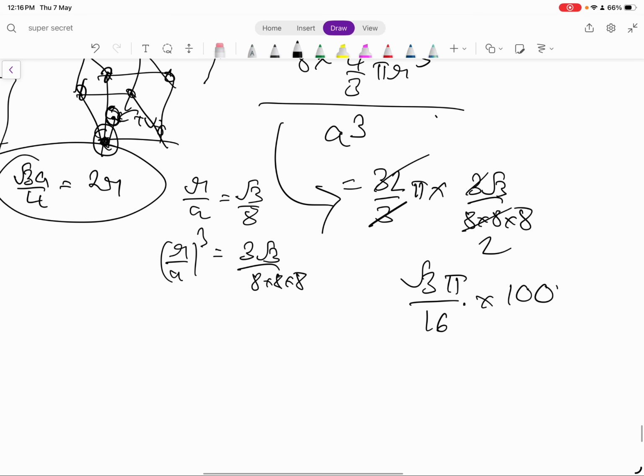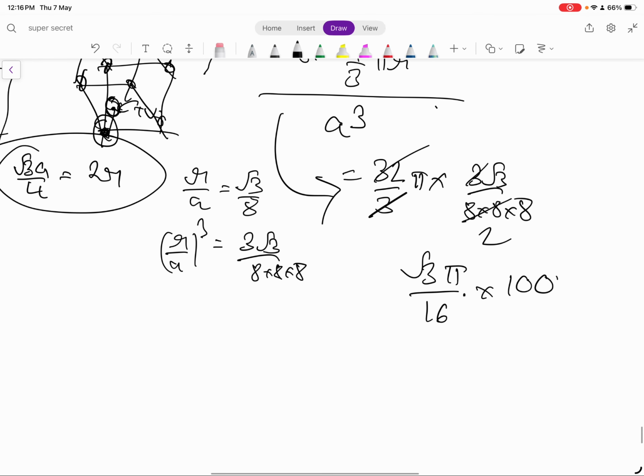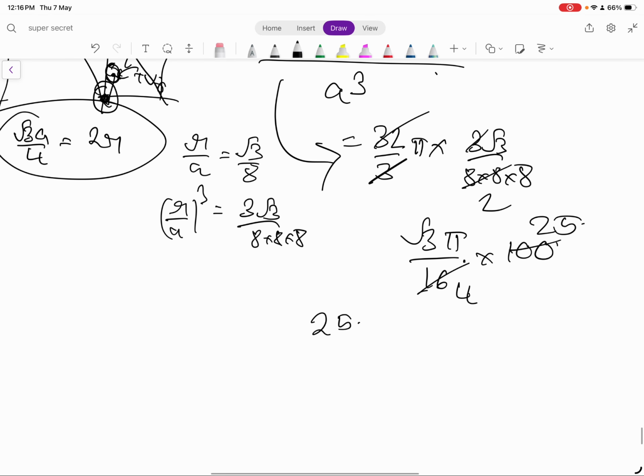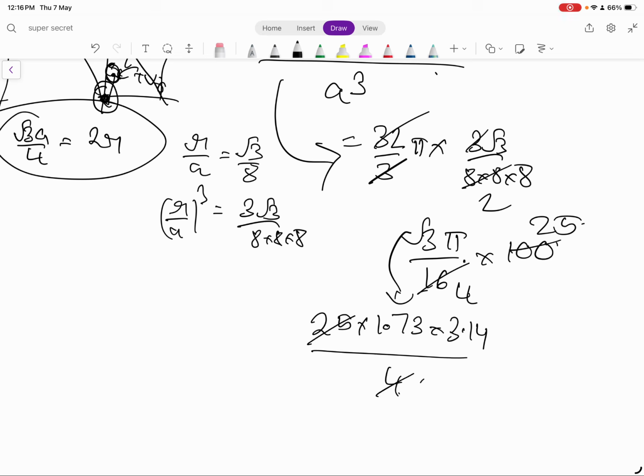Like they asked in percentage, right? So 4 4s are 16, 4 25s are 100, so 25 into 1.73, which is root 3, into 3.14, this whole thing divided by 4. 12.5 by 2, 6.25.